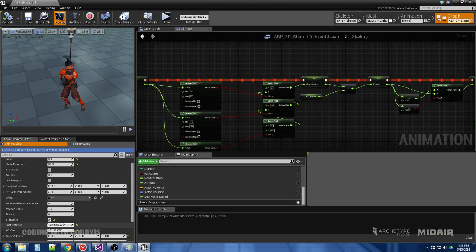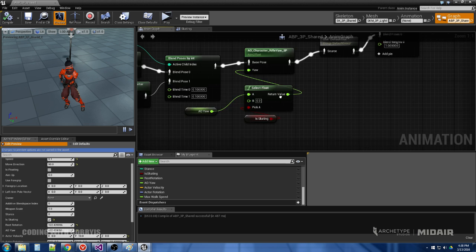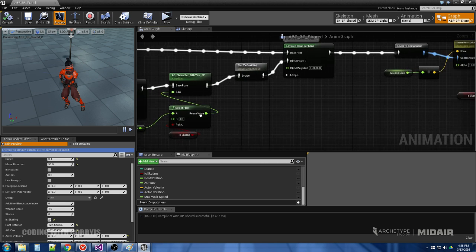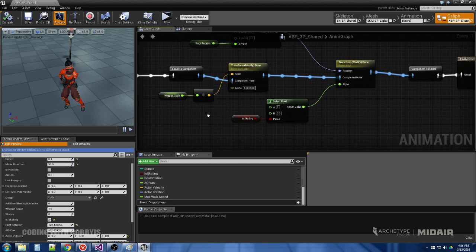All right. Root rotation is -90. Oh, it's applying root rotation. But it shouldn't be. I need to add a feature real quick to turn this off.